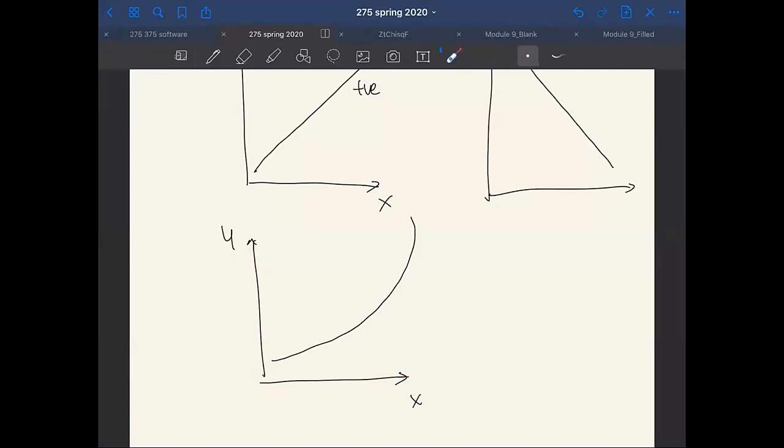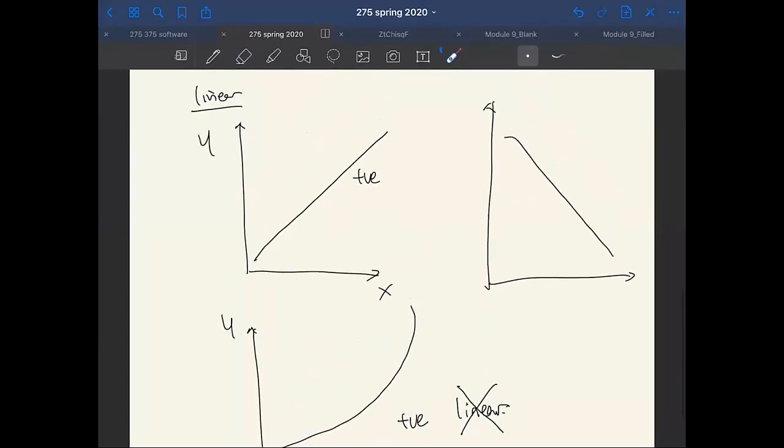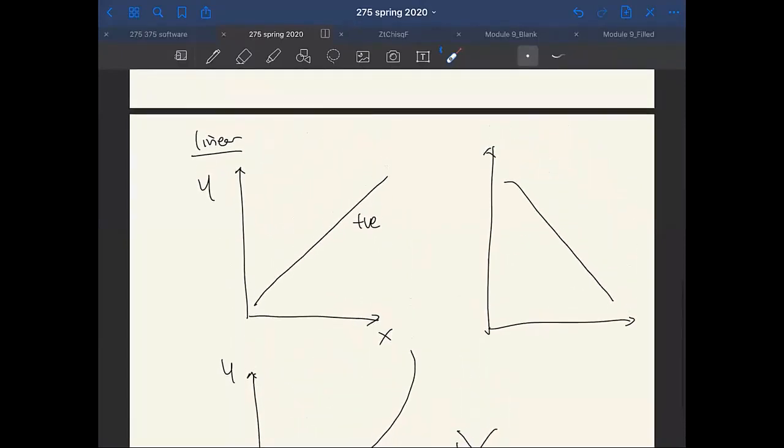This only means it is a positive relationship. It doesn't mean it is linear. There is some curvature to it. Some people call it exponential or concave, but it is not linear. As far as linear relationship is concerned for this class, we are only focusing on relationships between x and y that form a straight line. It could be a positive one, or it could be a negative one.